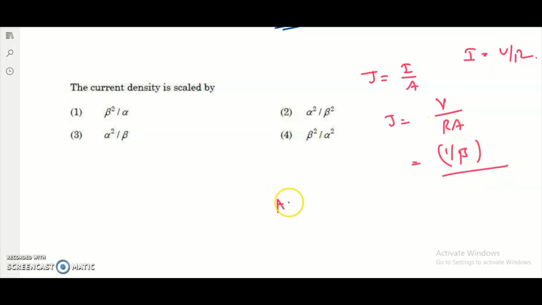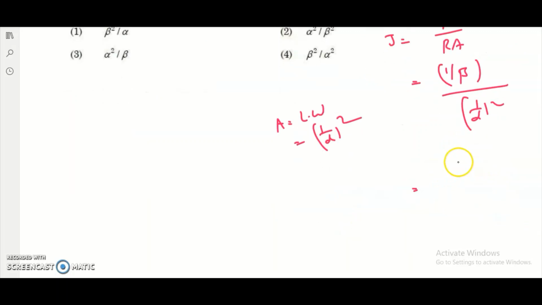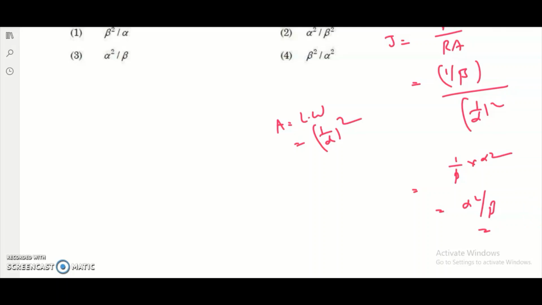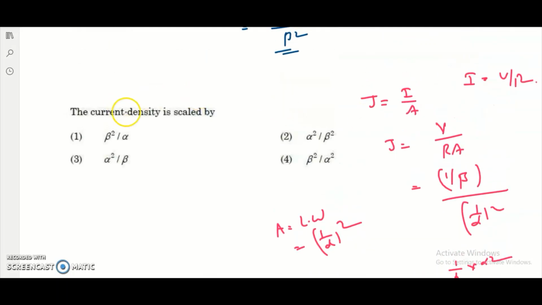And area is, as I previously told, the product of the length and width of the channel, that is 1 divided by alpha whole square. So it becomes 1 divided by beta into alpha square. So alpha square by beta is the correct option for the current density.